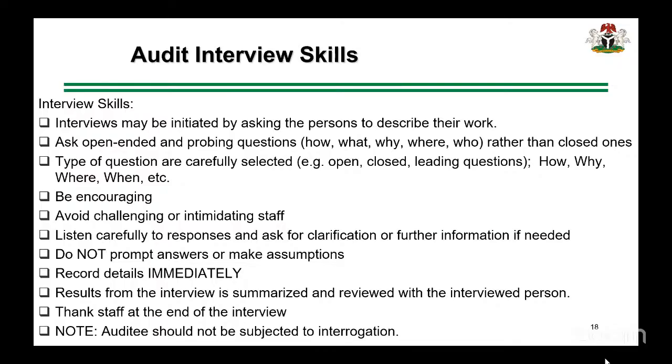So you have to be encouraging. You have to avoid challenging and intimidating staff. Listen carefully to responses and ask for clarification or further information. If you have any clarification on it, you can ask. Don't prompt answers or make assumptions for them. Record the details immediately so that you do not forget. Then for all these interviews, thank staff at the end of the day.